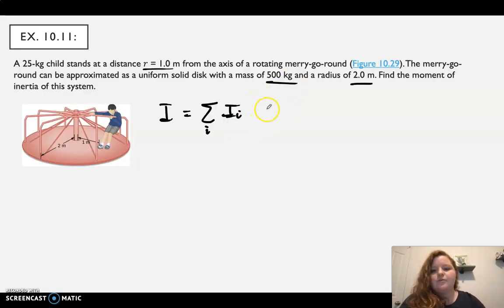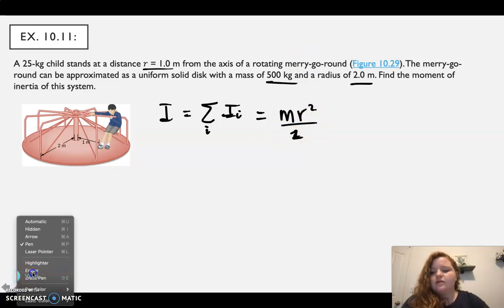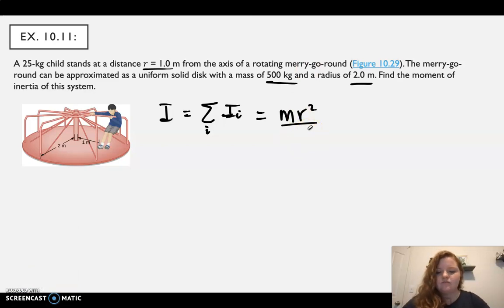So we'll have the moment of inertia of the solid disk, and that'll be mr squared over 2. Let me just write that down so I know what is going on. So I have I sub d.